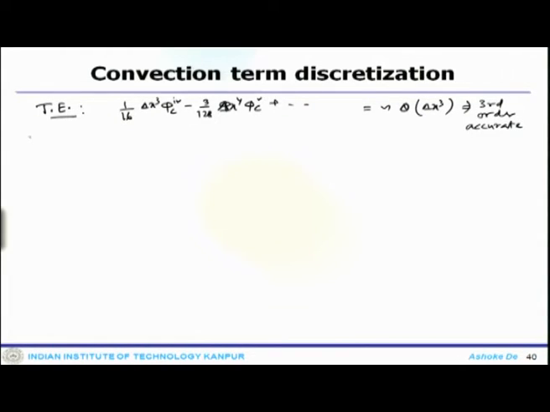Now, the third point one has to check is its stability.